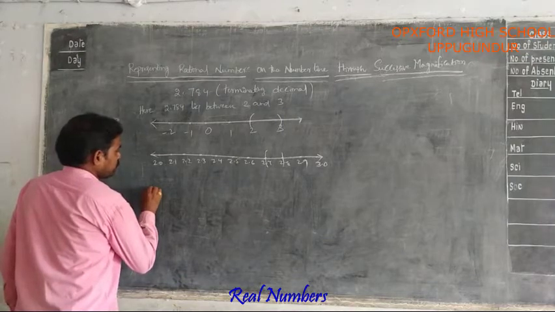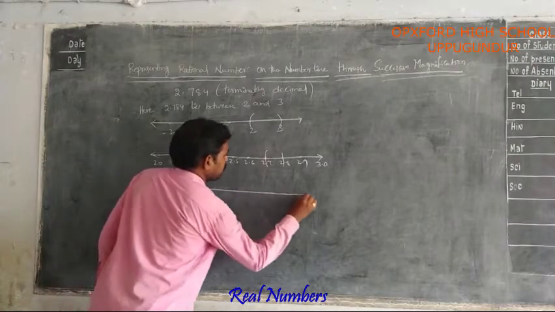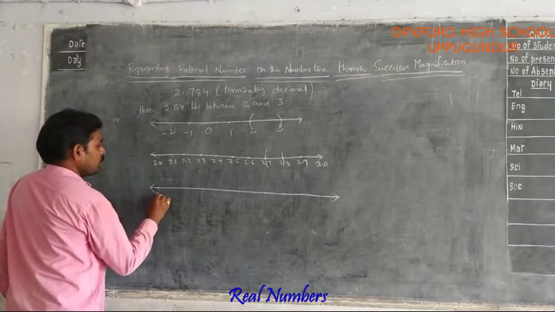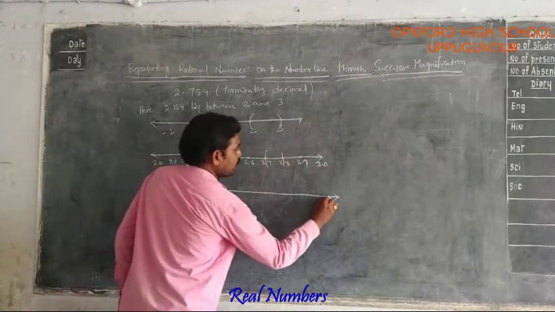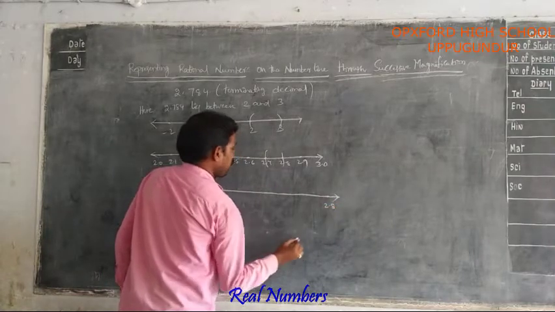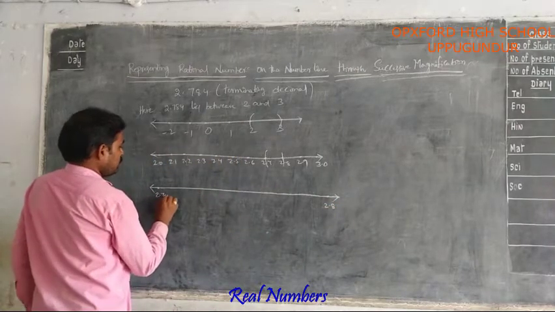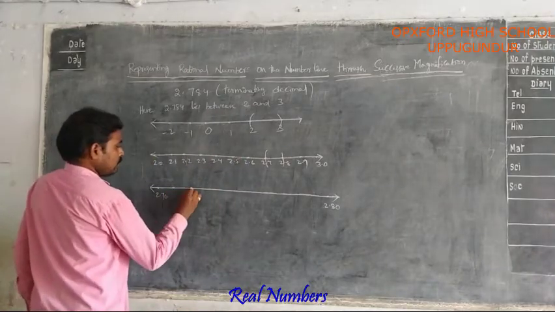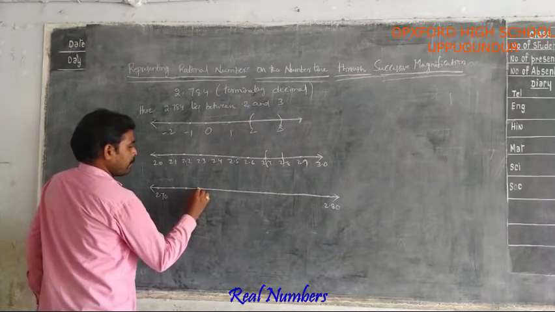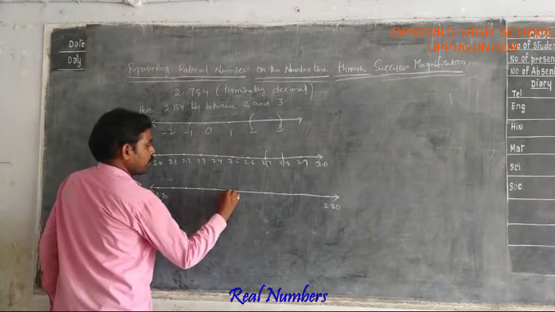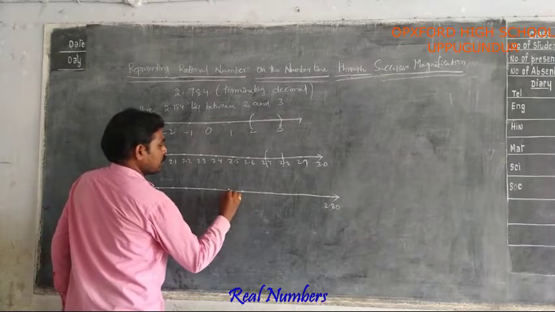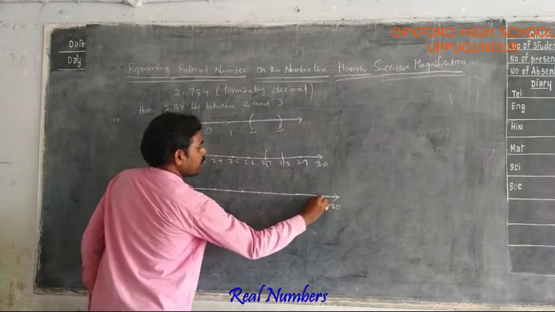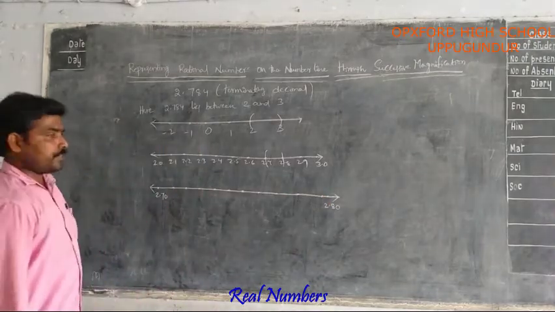Now this is 2.7, this one is 2.8. 7 means 70, and here 8 means 80. So 1, 2, 3, 4, 5, 6, 7, 8, 9, 10. That is 2.80.